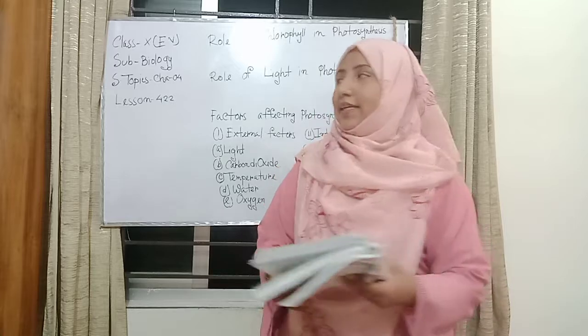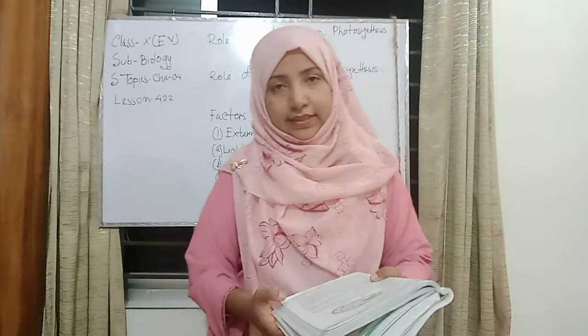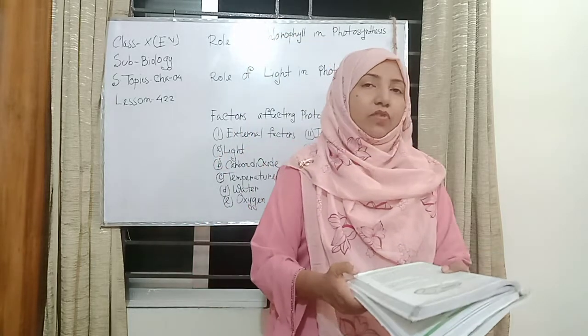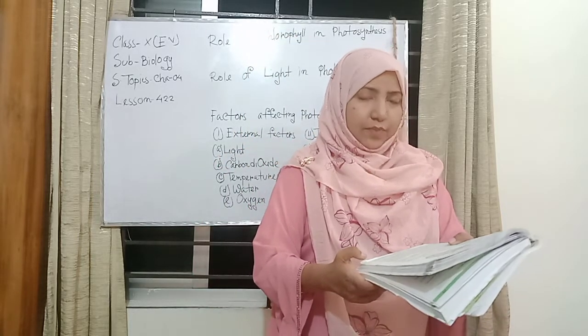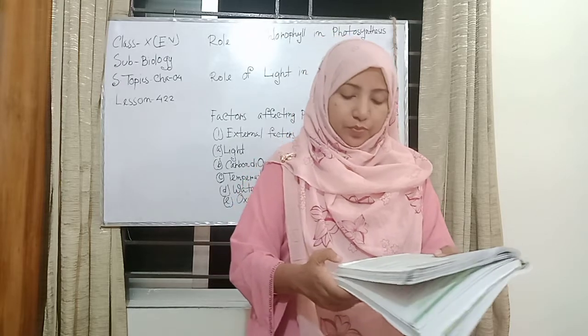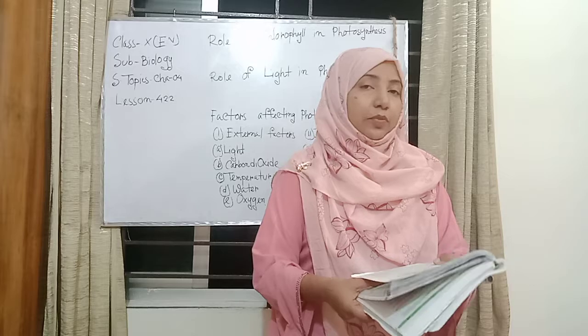The next topic is the role of light in photosynthesis, another very important topic. The importance of light in photosynthesis is immense for the production of carbohydrates from H2O and carbon dioxide.